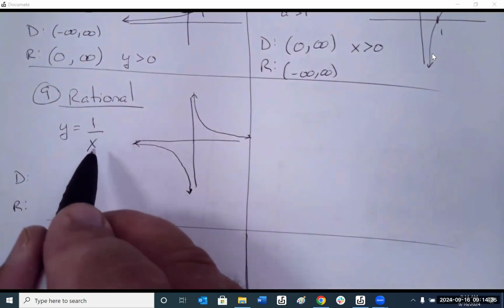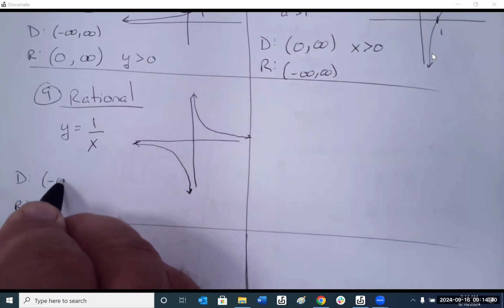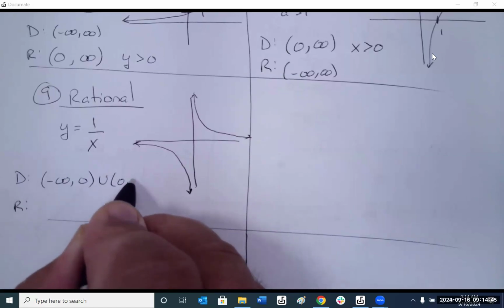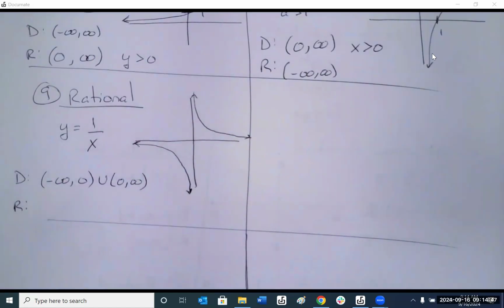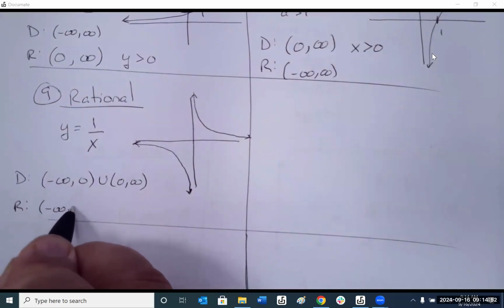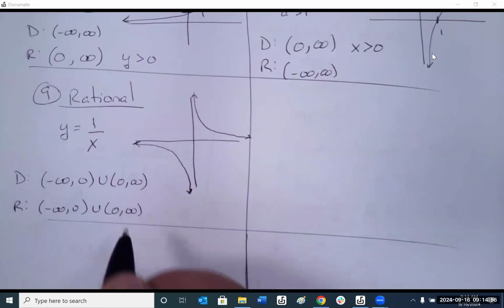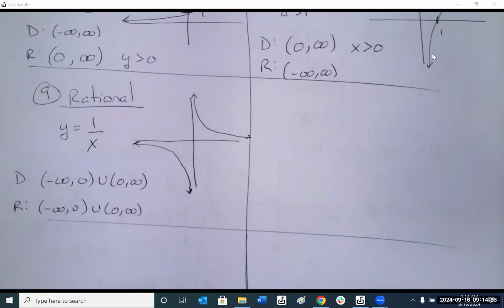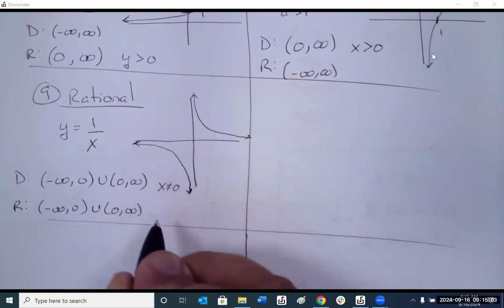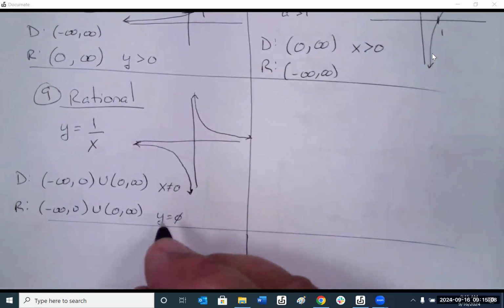And remember, it's a fraction. You cannot have zero on the bottom. So my domain is from negative infinity to zero, and from zero to positive infinity. Same thing for my range. Or X cannot equal zero and Y cannot equal zero.